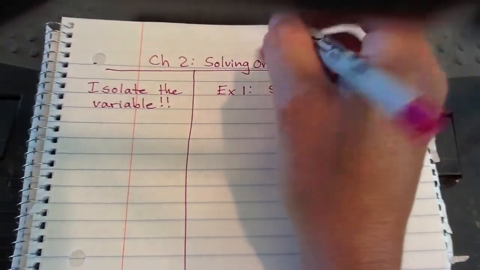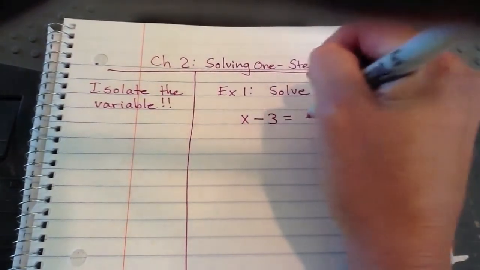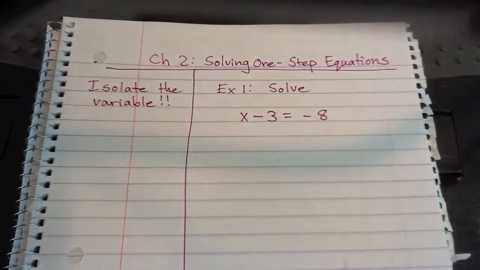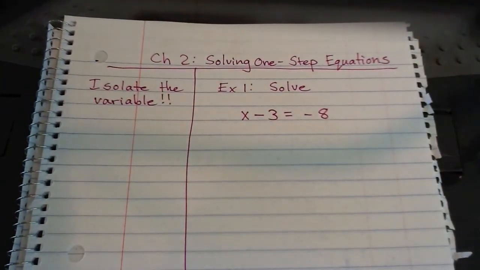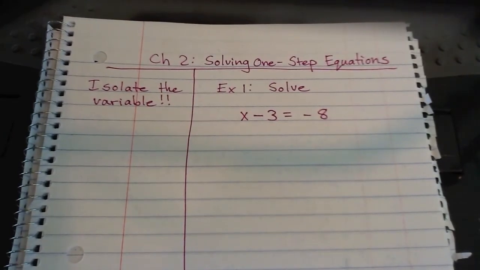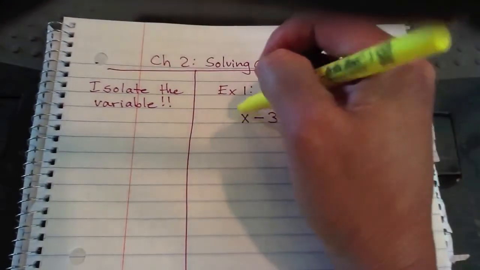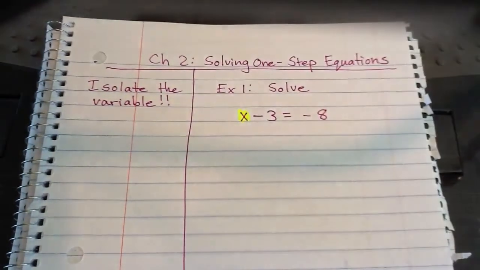Example 1 says to solve x subtracting 3 equals a negative 8. So what I want you doing with these is looking for, first of all, your variable. So right here is my variable. It's on the left side of the equation this time.